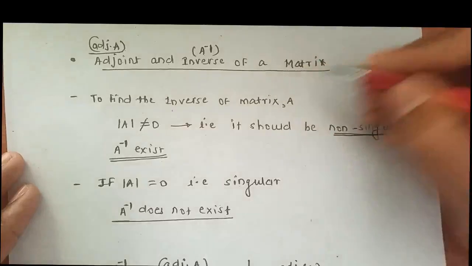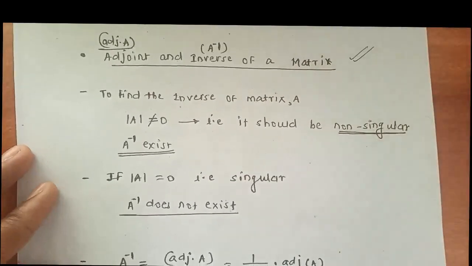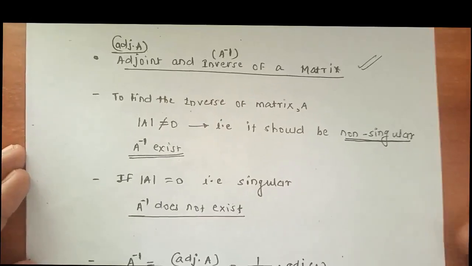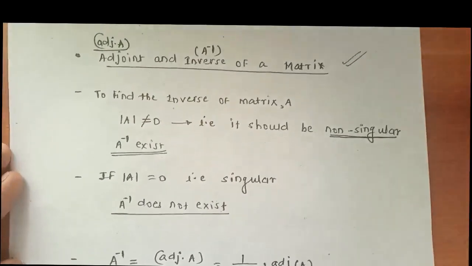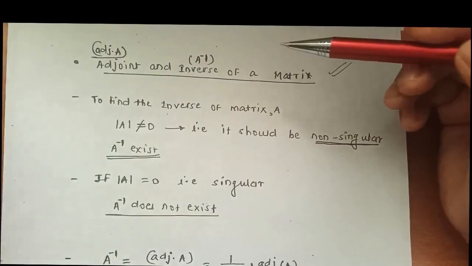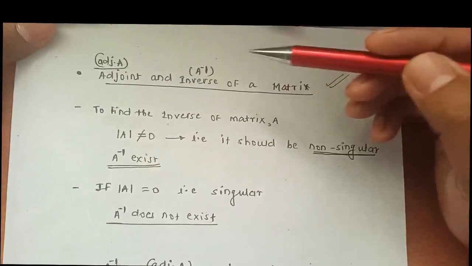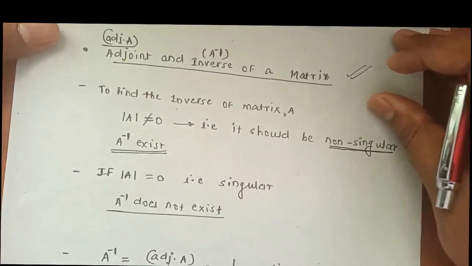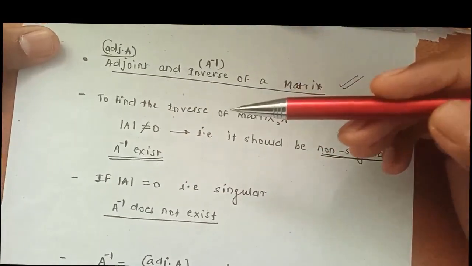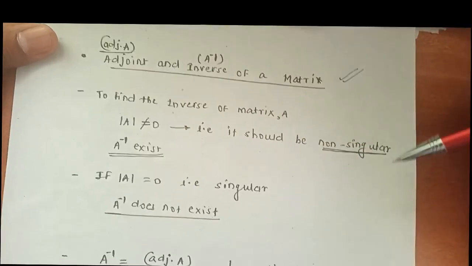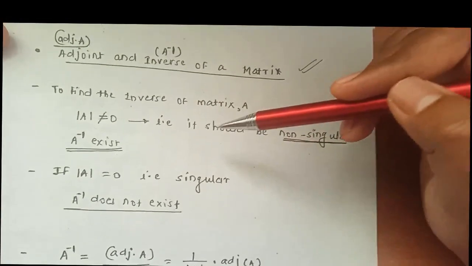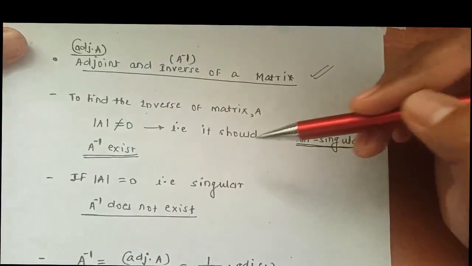The next topic is the adjoint and inverse of a matrix. This is also an important topic, so you will find sums from these topics in the exams. For finding the adjoint or inverse, first we have to satisfy a few conditions. First we have to check whether the determinant is singular or non-singular. Find the determinant, expand it, and check whether the answer is 0 or not.